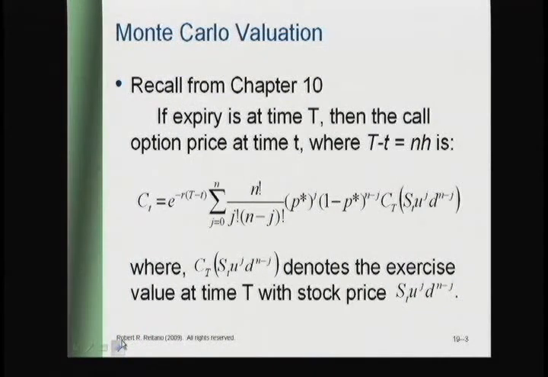So if you go back to Chapter 10, we developed a general formula for the price of a European option, and here in my formula I've represented it as a European call with expiry at time capital T, but this could be any European style payoff function payable at time T. And we're valuing this option at time little t, and we're going to assume that from the valuation date to the expiry date we divide that time interval into n steps of size h.